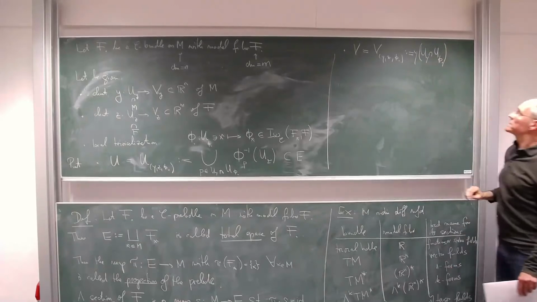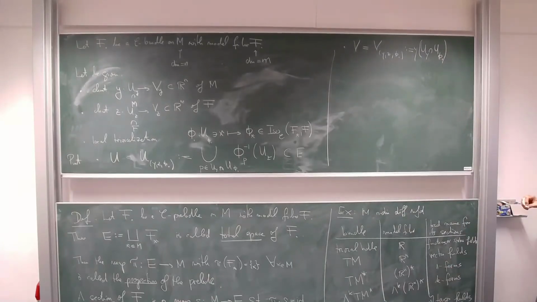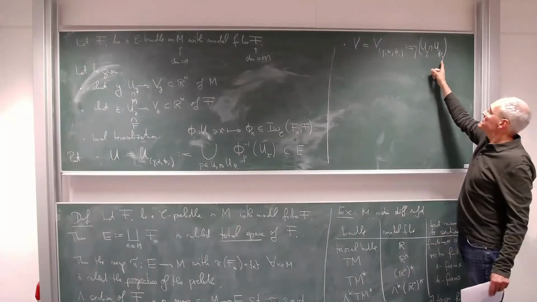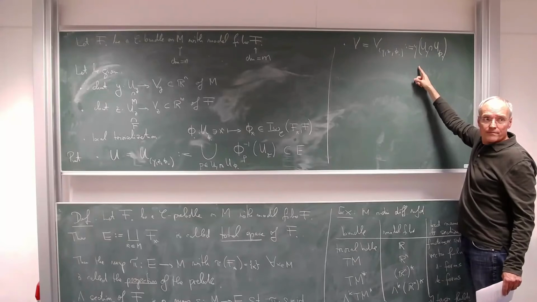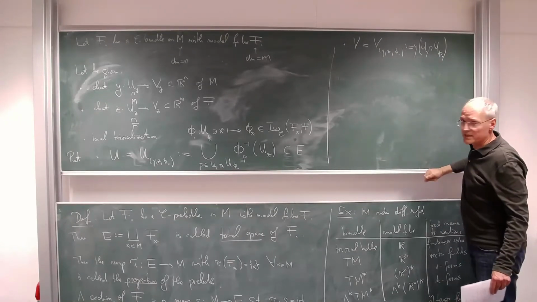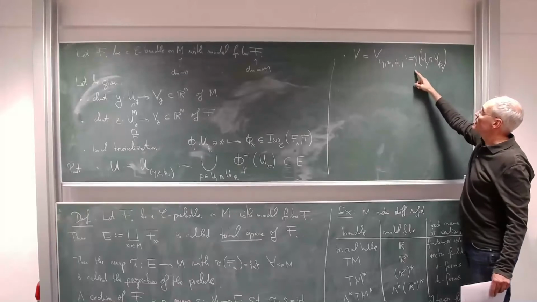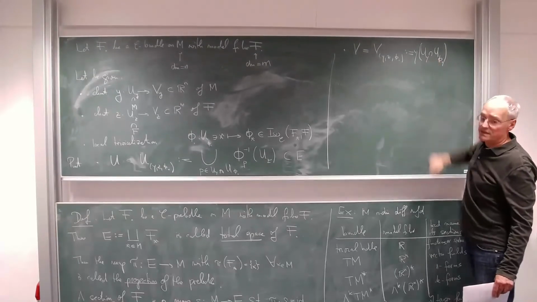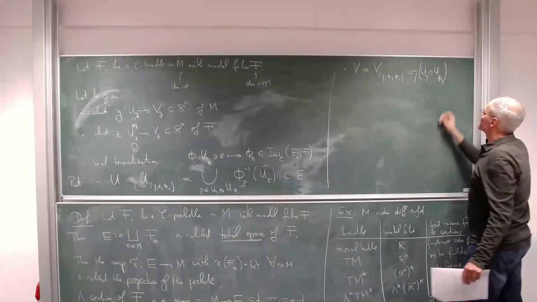I can do that because it's a subset of U y. So this gives me a subset in R n, since M is n-dimensional. In fact, it's an open subset because y is a homeomorphism and these are open sets.